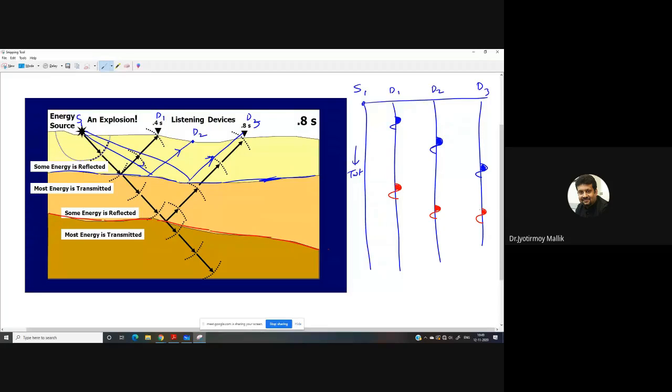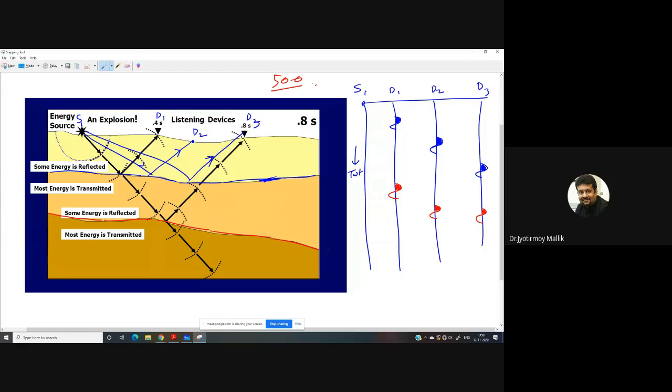Now imagine I have not even 100, maybe I have 500 such interfaces. So I will get 500 such series of wiggles representing all these layers.